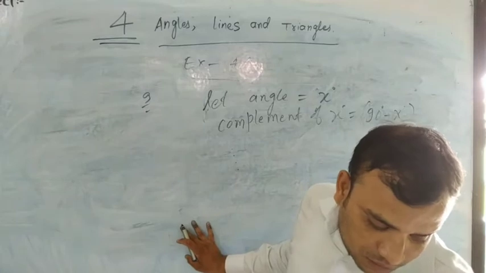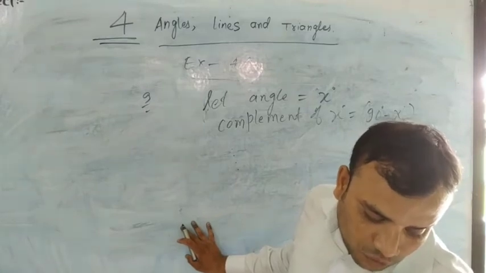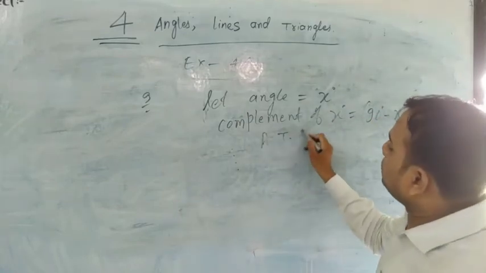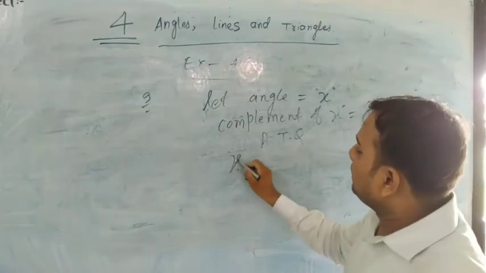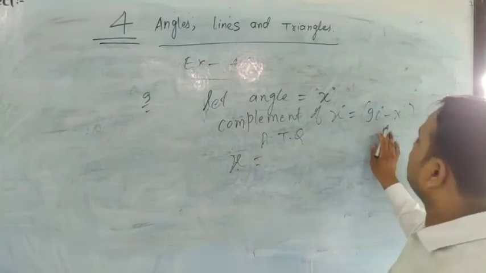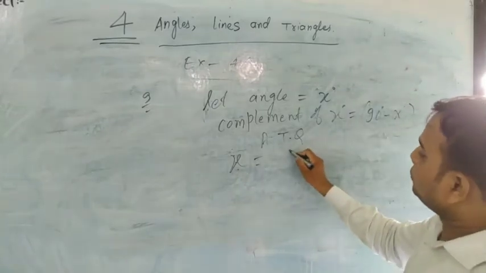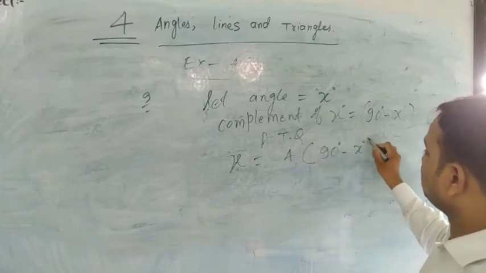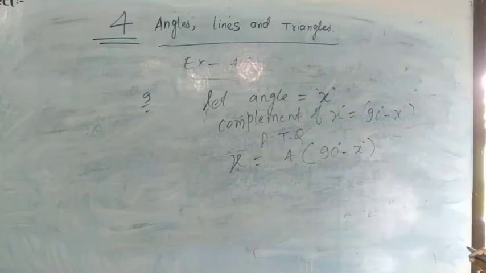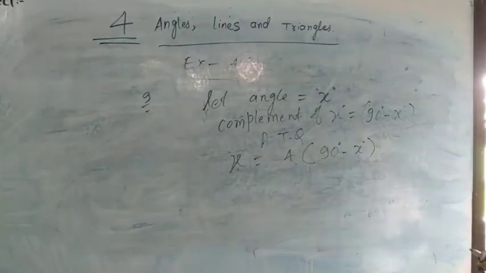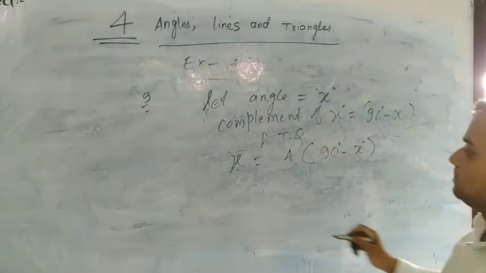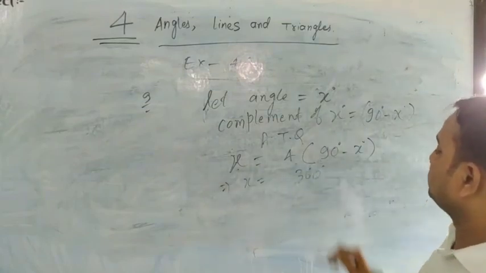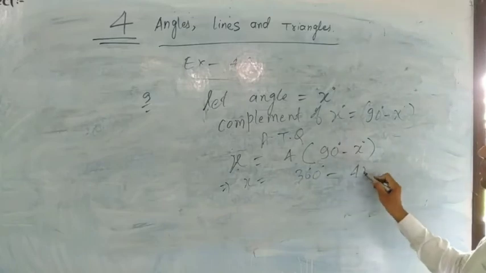Again, find the angle which is 4 times its complement. According to the question, x is 4 times this angle. So, dear student, x equals 4 into (90 degrees minus x). x equals 360 minus 4x.